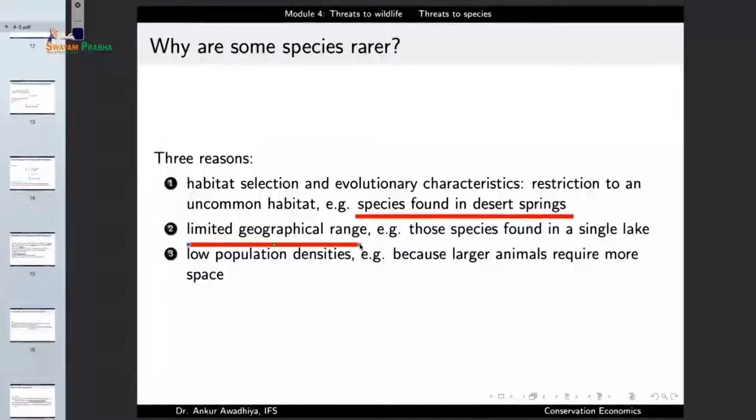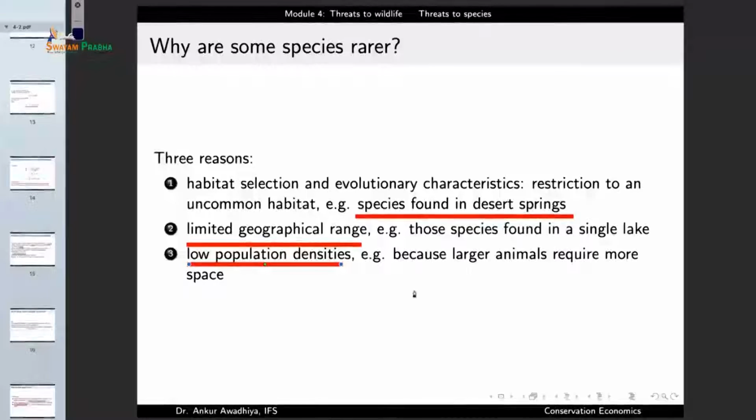Now, it is possible that the species found in that lake are unable to move to some other lake, because maybe these species cannot fly, so they have no means of moving to another lake. Or those species that have low population densities, especially species such as elephants, because larger animals require more space.